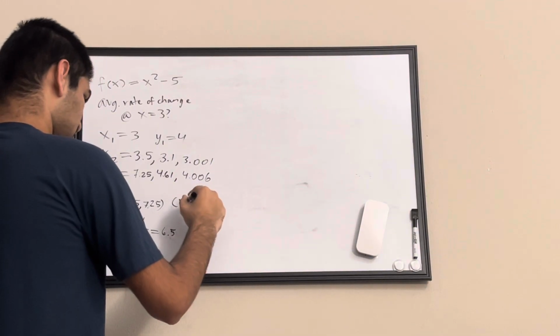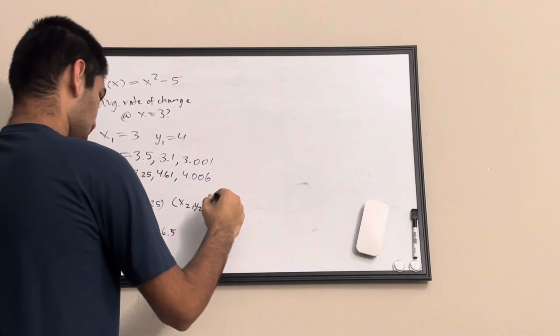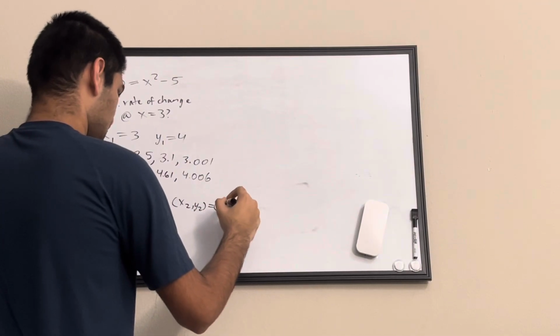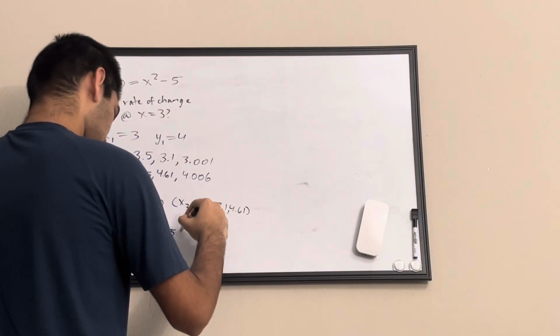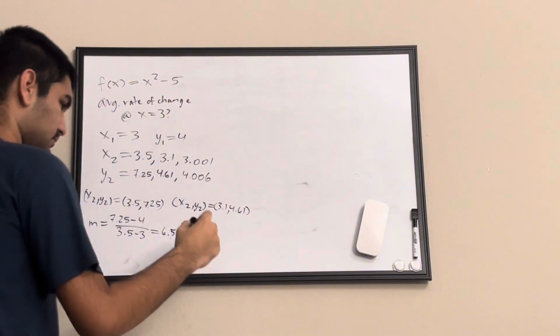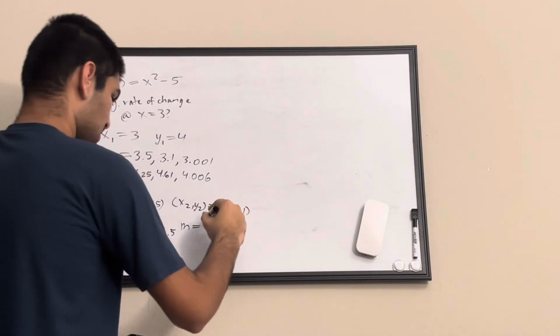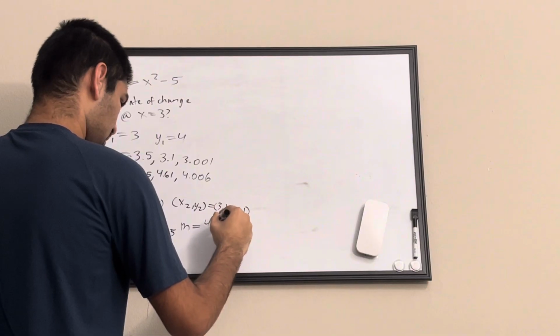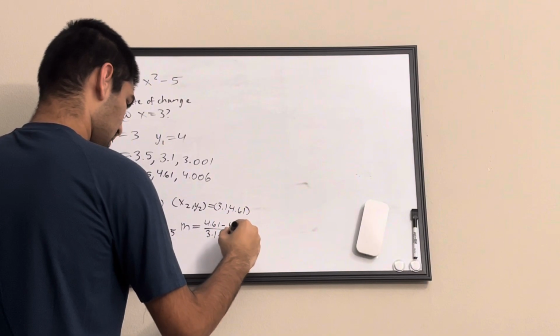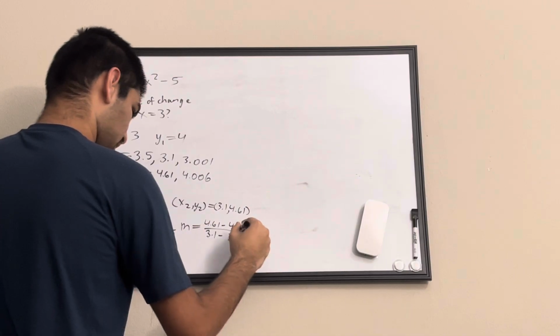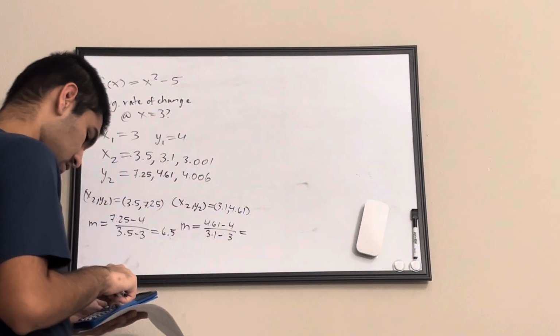So next, let's use the second point. So we'll use 3.1 and 4.61. So you get the slope. Average rate of change is approximately y2 minus y1 over x2 minus x1. And this gives us approximately 6.1.